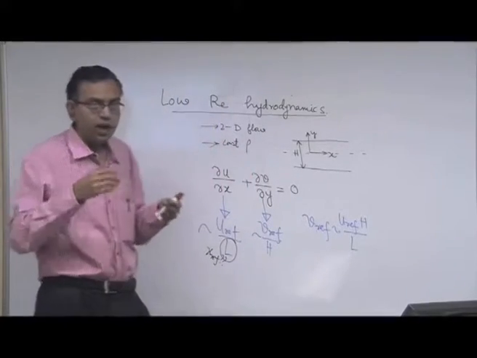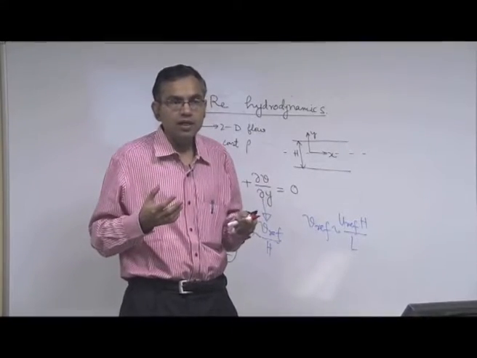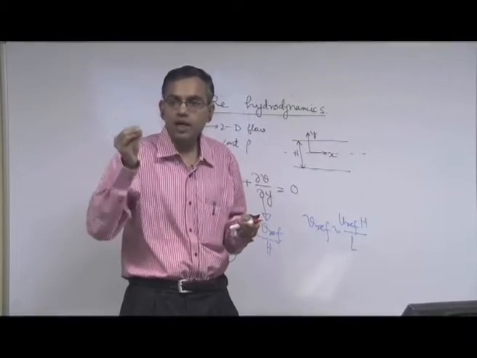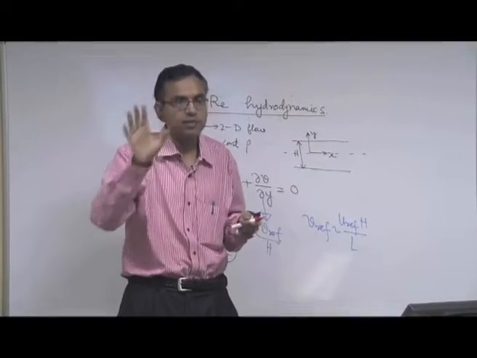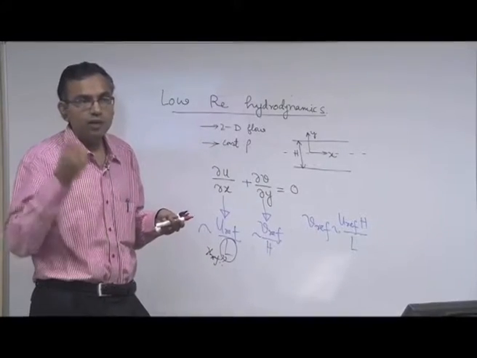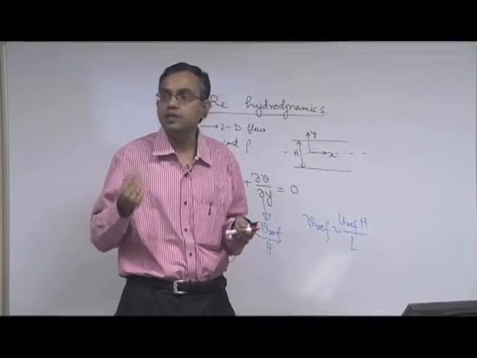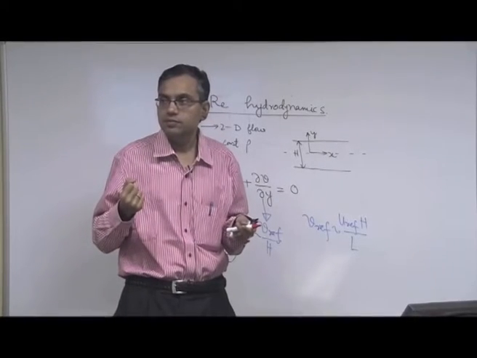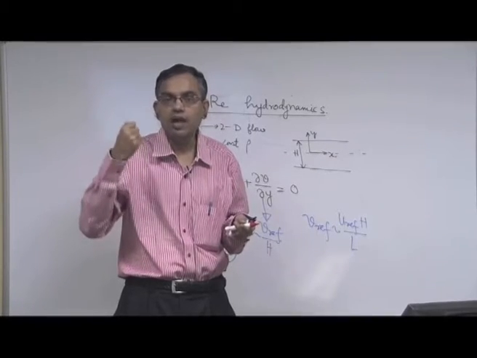You have learned by this time that typically microchannel flows will be low Reynolds number flows. There are exceptions, but typically very low Reynolds number flows. So in the low Reynolds number regime it is very difficult to achieve good mixing, because it is difficult to realize turbulence.